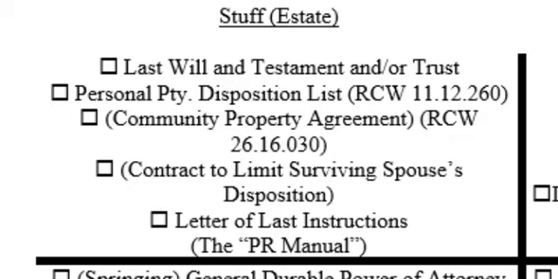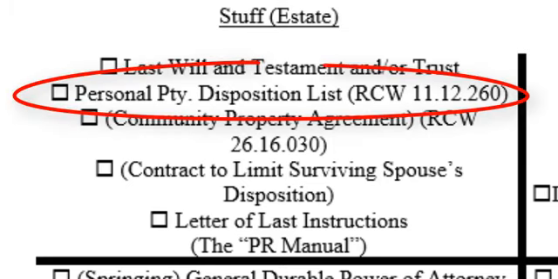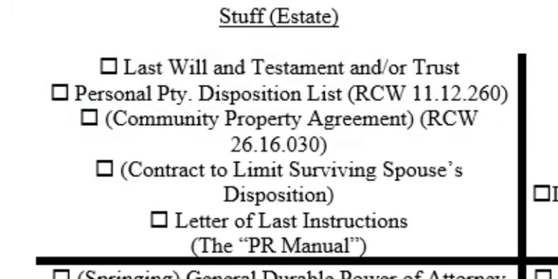Along with that, the second item down is the personal property disposition list, and in parentheses you'll see RCW 11.12.260. RCW stands for Revised Code of Washington. In other words, it's the statutes that govern Washington state residents, or the law in Washington.